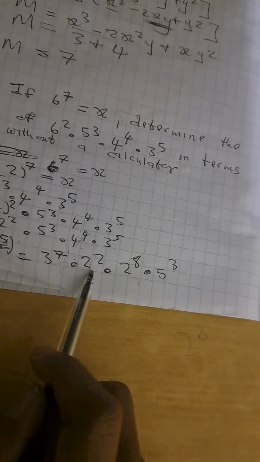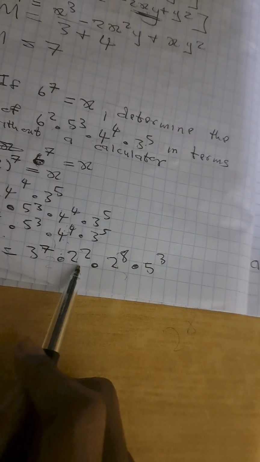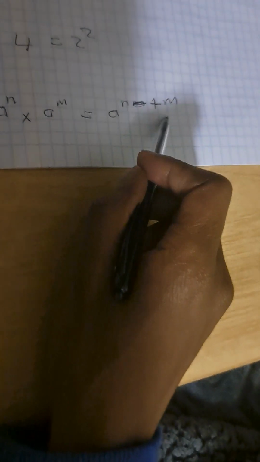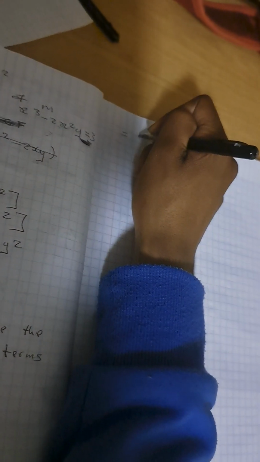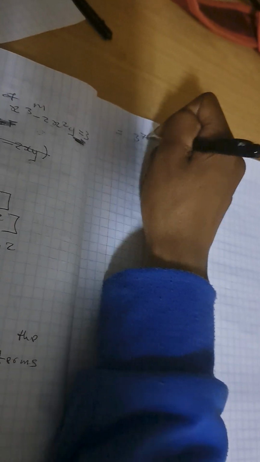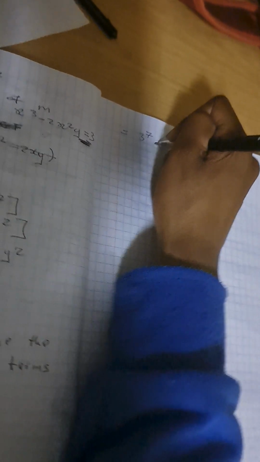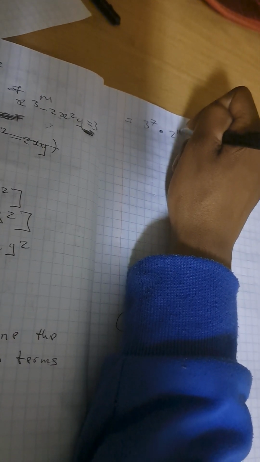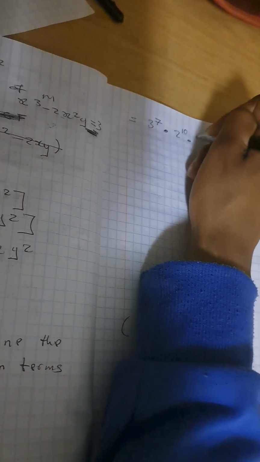We're going to use the exponent laws. a to the power n times a to the power m is equal to a to the power n plus m, right? So we add this. So we're going to have 3 to the power 7 times 2 to the power 10 times 5 to the power 3.